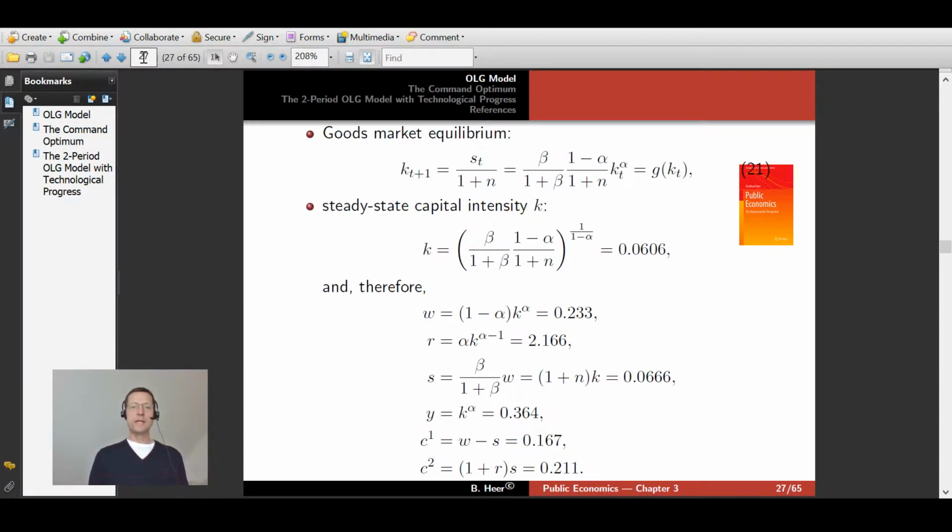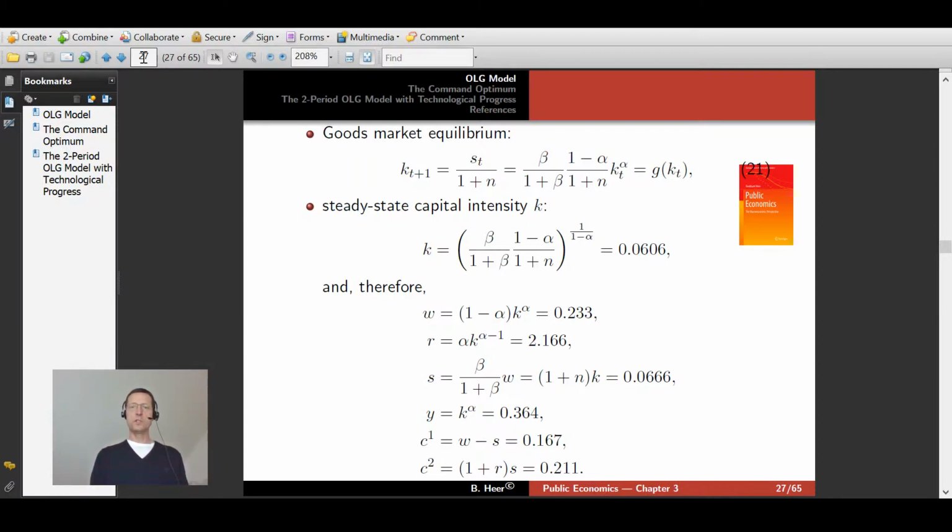Now let's turn to the capital market equilibrium, where aggregate savings at the end of period t are equal to the beginning of period t+1 capital stock. And this results in the dynamic equation presented in the first line of slide number 27.